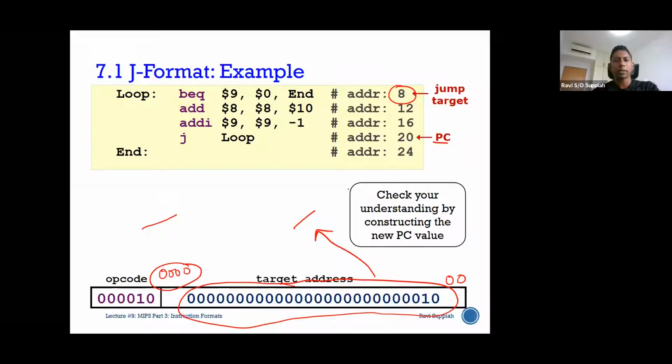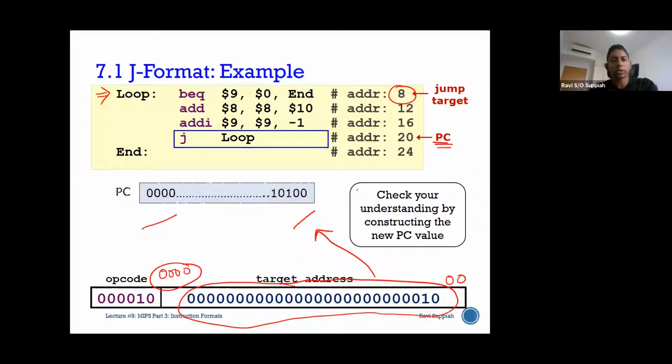My current PC is over here, and I'm going to execute an instruction called J loop, that means jump to loop. The label loop is over here, and this address is given as address 8. So how do I go about doing it?